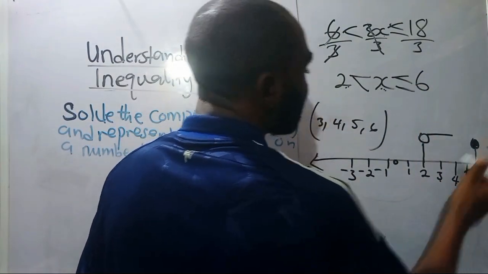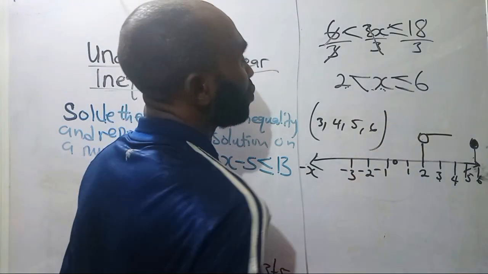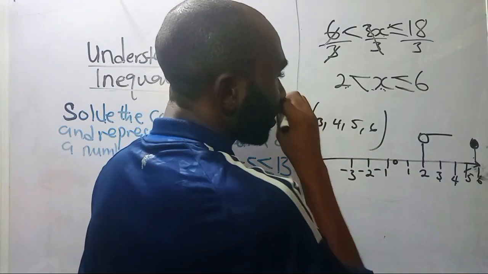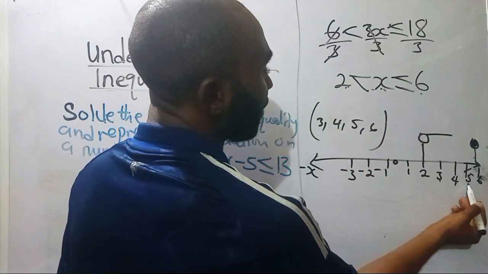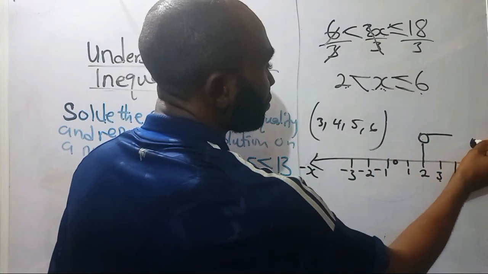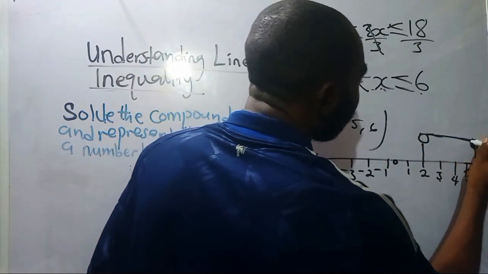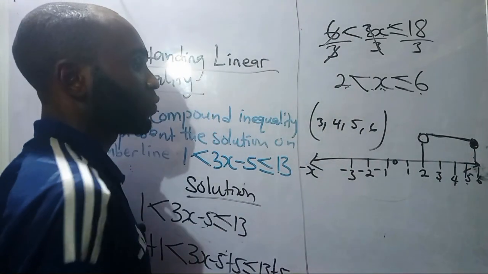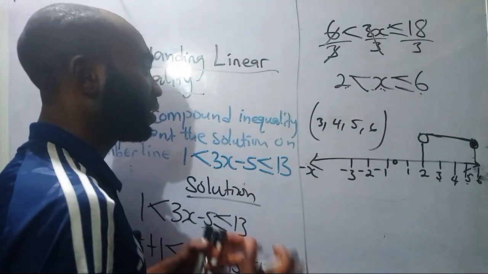So x is less than or equal to 6, which means the values that are less than 6 could be either 5, 4, 3. So this is going to face the other direction. I will now move it, which means this is going to join together like this. So this is how to represent it on a number line.